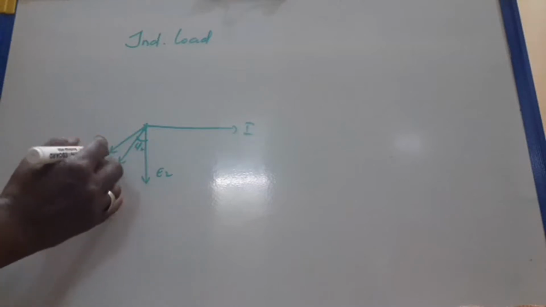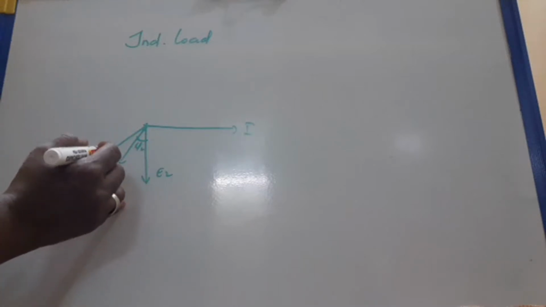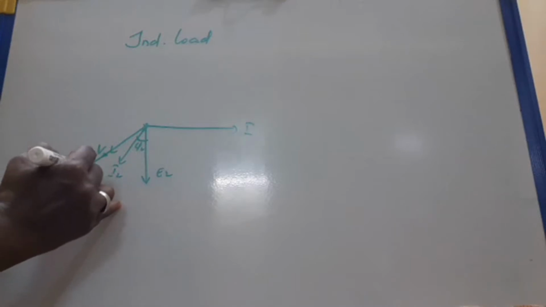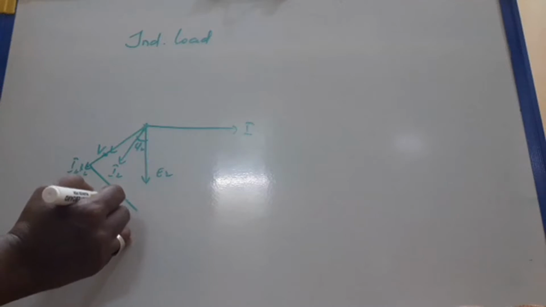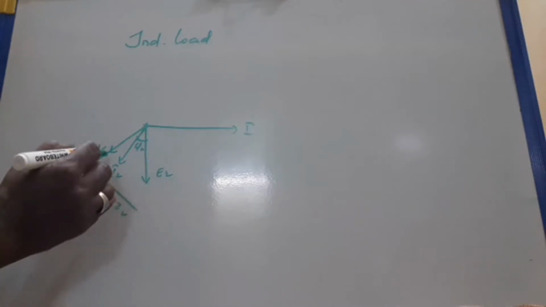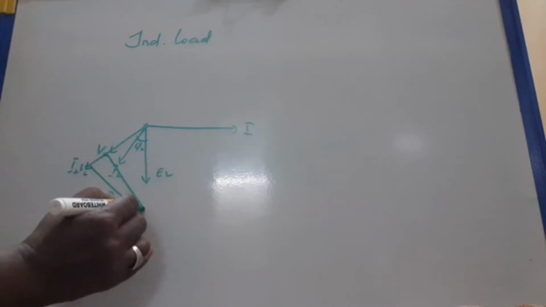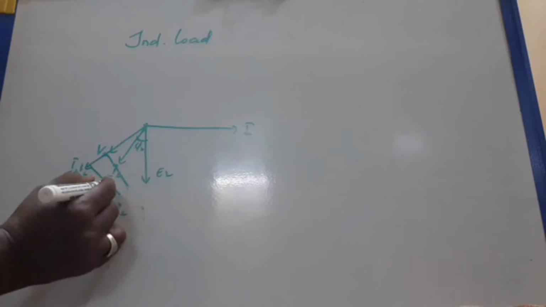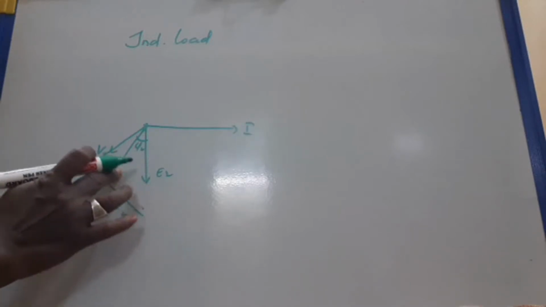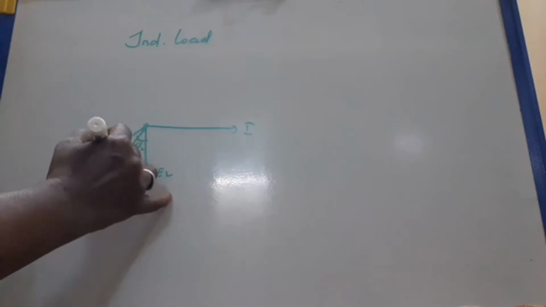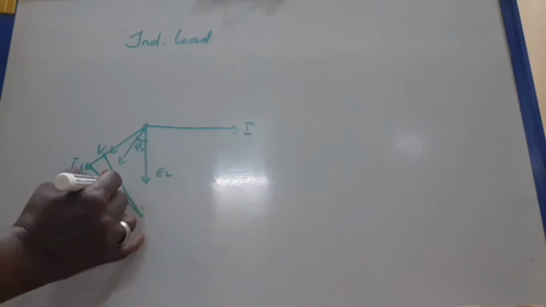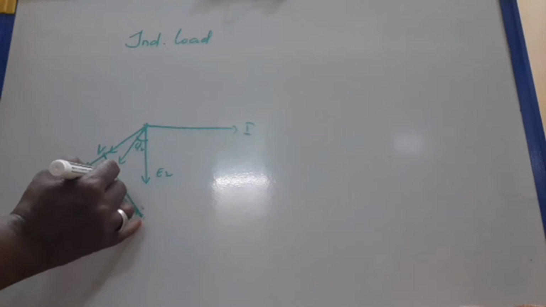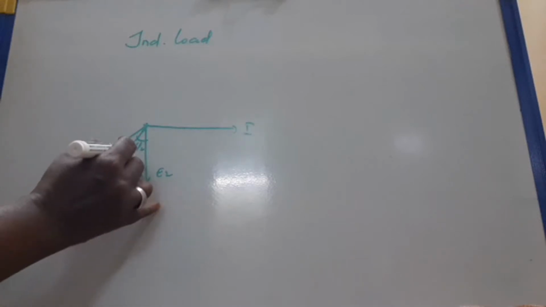From V2, you have to draw I2 R2, perpendicular to that I2 X2. So joining this, you can get I2 Z2.